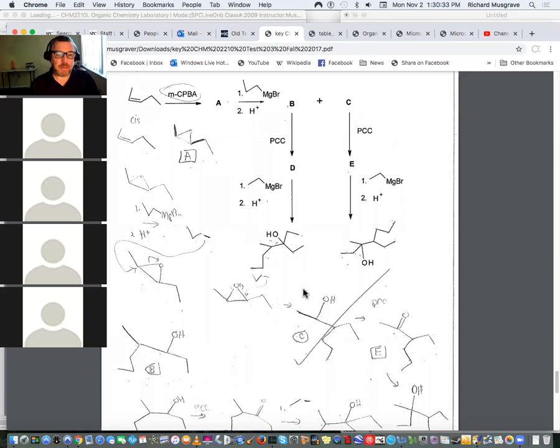I figured out what D and E were, knowing that PCC was used from B to C, which allowed me to figure out those were ketones, and I could figure out what ketones they were by knowing what was added with that Grignard reagent. And then I could figure out B and C because I knew what D and E were. So that's one way of doing it. The other way is just to go straight from the beginning and get through to the end that way. But there's always more than one way to get to the end with these.